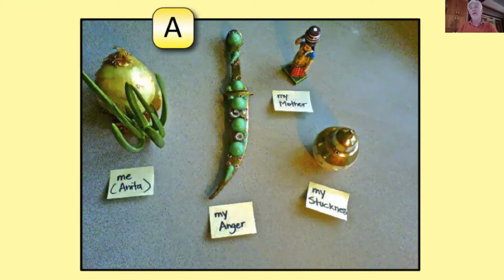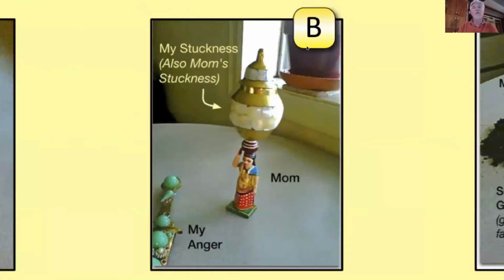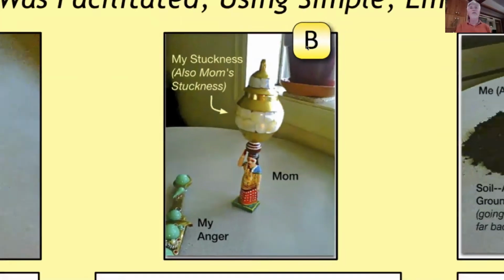And her stuckness looks like mom's burden. So the first thing we did was put the stuckness there. In fact, it didn't stay there. It stayed there for a second, but it fell off.